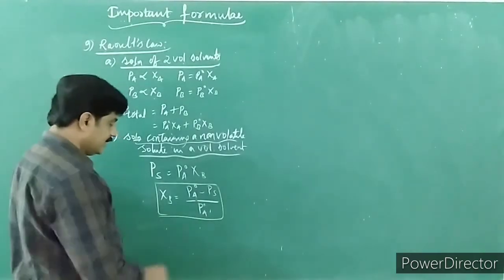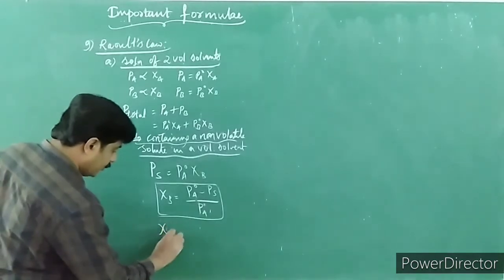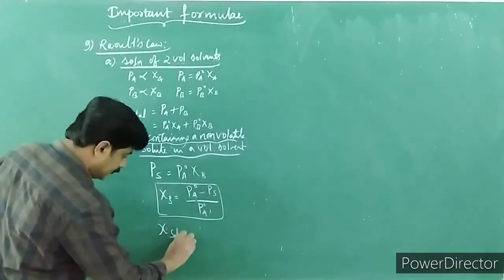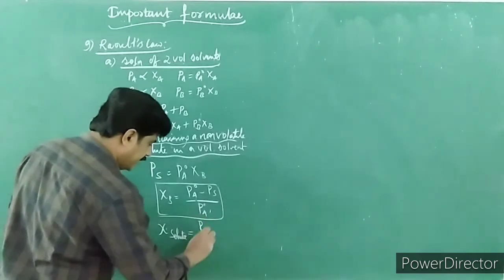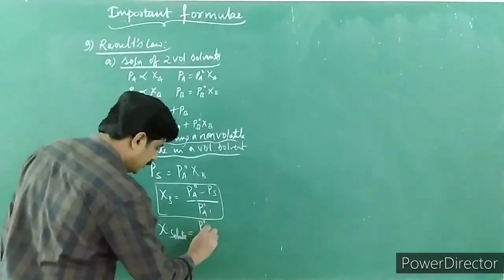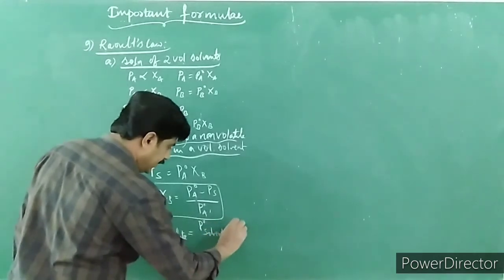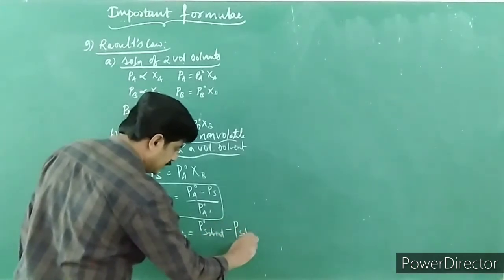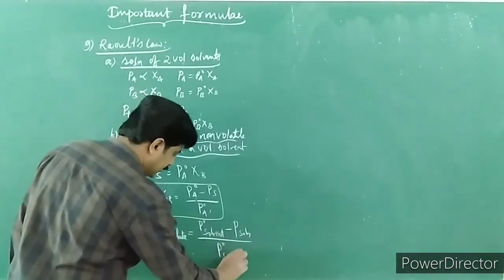Now what do I do? In general, please look at here. In general, chi solute is equal to P naught solvent minus P solution upon P naught solvent.